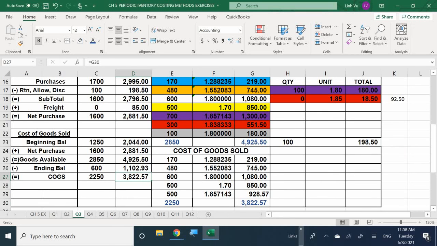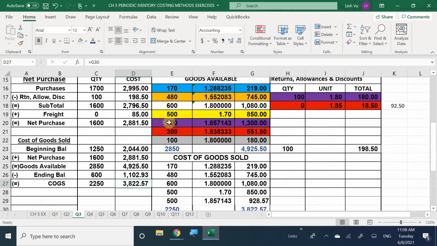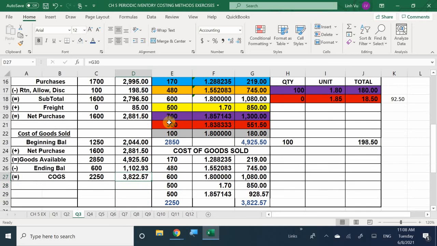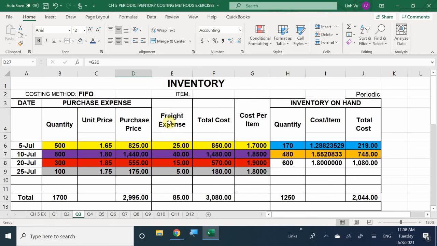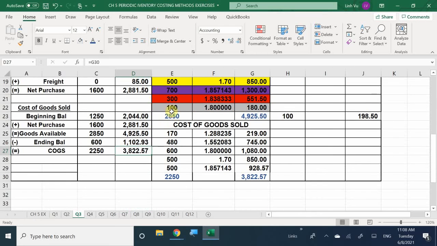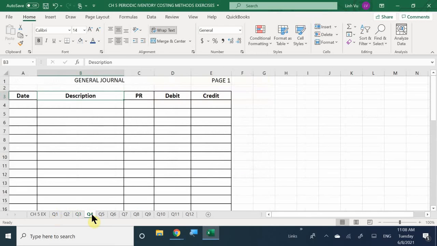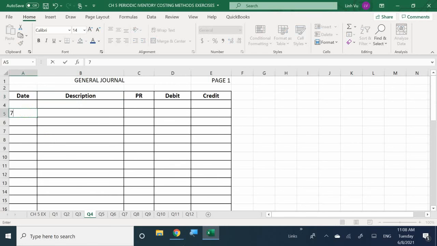And now we've completed our inventory worksheet. Okay. So now let's journalize. So that's what question 4 is. Journalize the conversion entry here. So it is now July 31st.